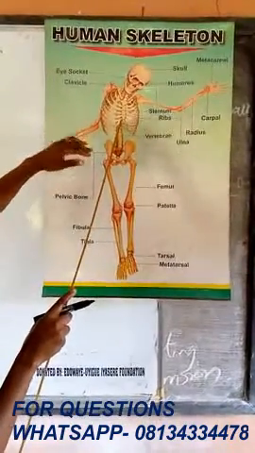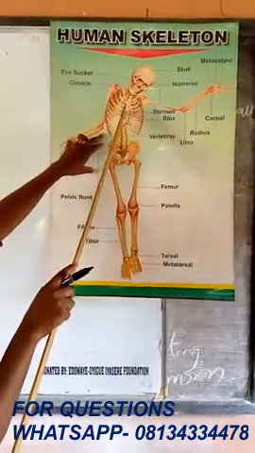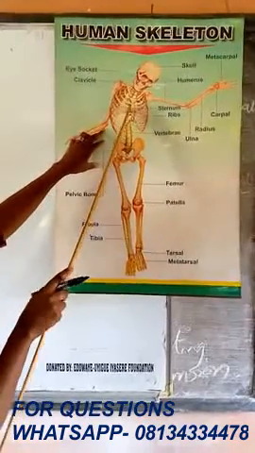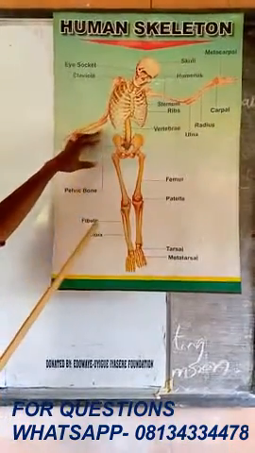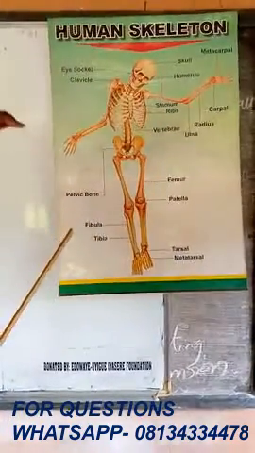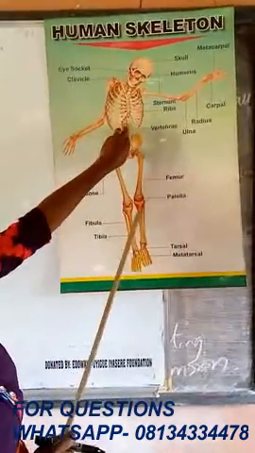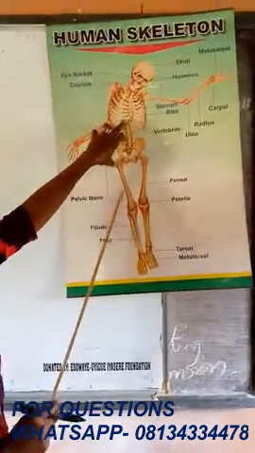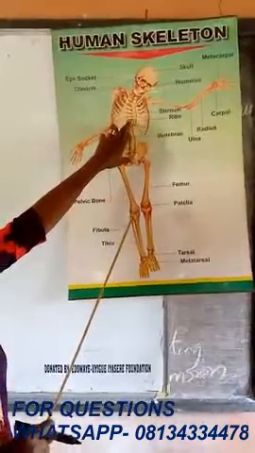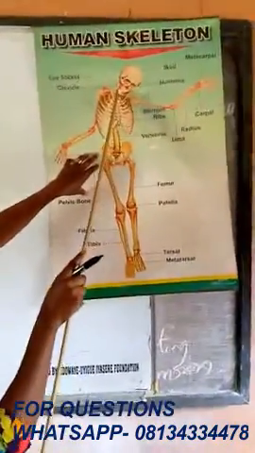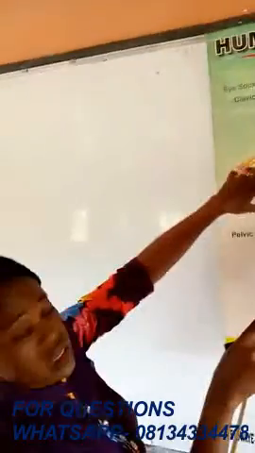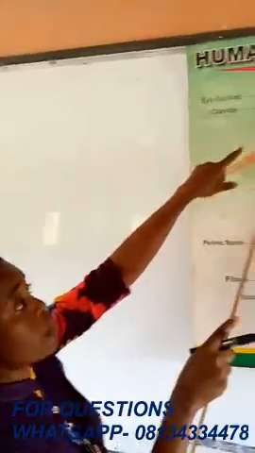Then the second region is at the chest, which is known as the thorax, so the name of the vertebra is thoracic. The first one, at the neck region, is the cervical vertebra.